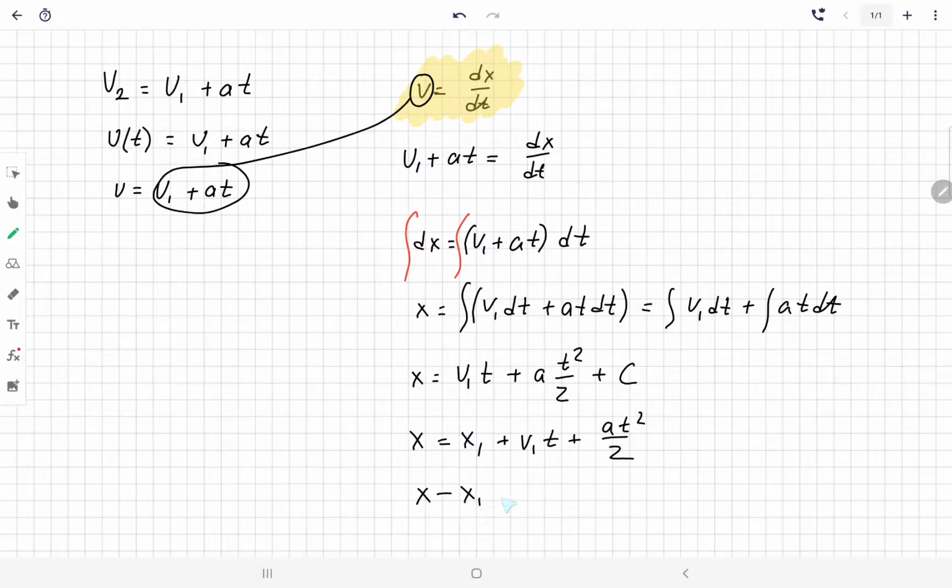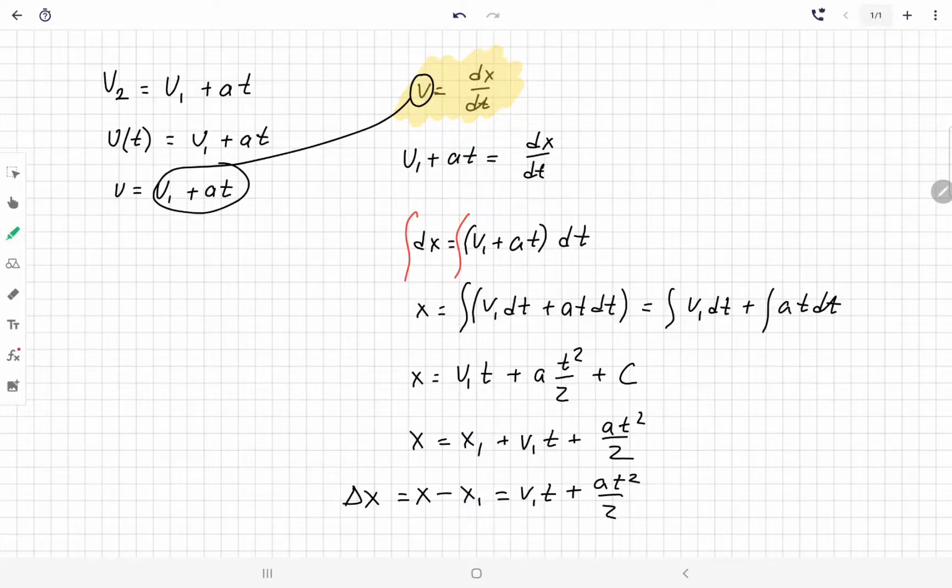Final position minus initial position will be equal to v1t plus at square over 2. As you know, final position minus initial position equals displacement, delta x. Or sometimes, to keep it simple, we just say x, but don't forget it's a displacement.